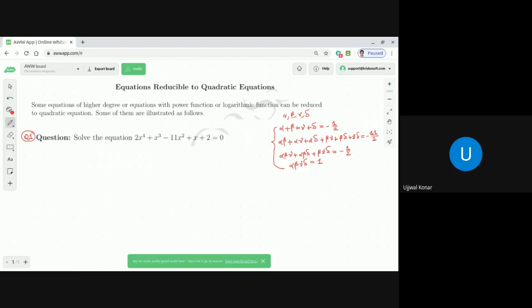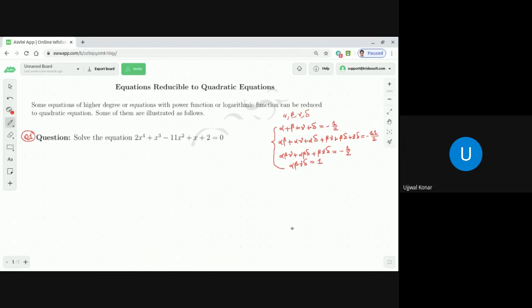If I tell you to use your fundamental concept of algebra and find the values of alpha, beta, gamma, delta from these four equations, you can find it, but it is going to take a very long time. You can experiment if you have a longer amount of time after the class.